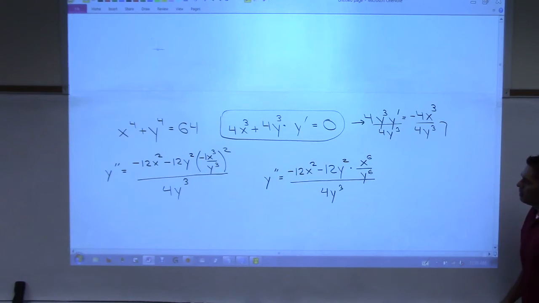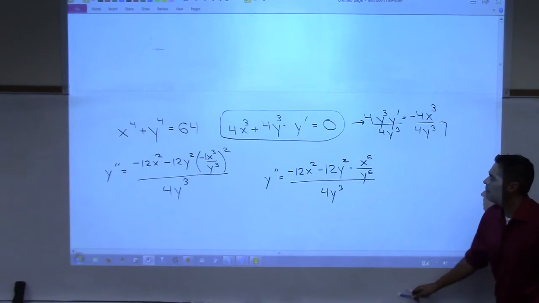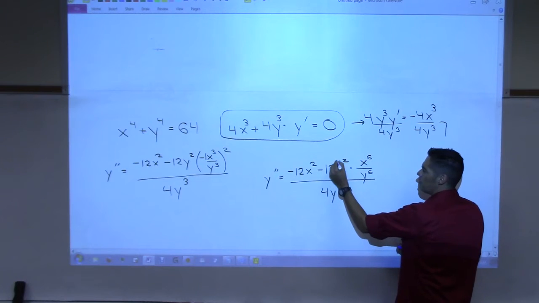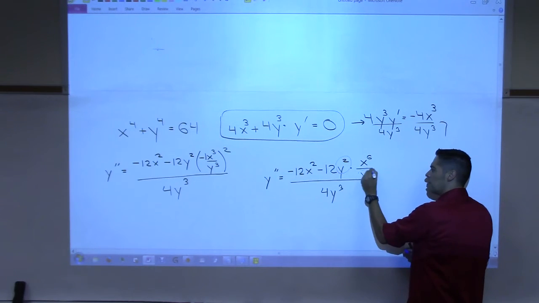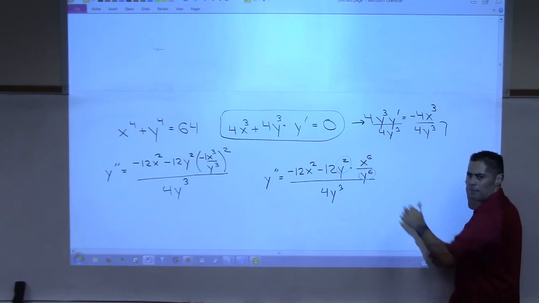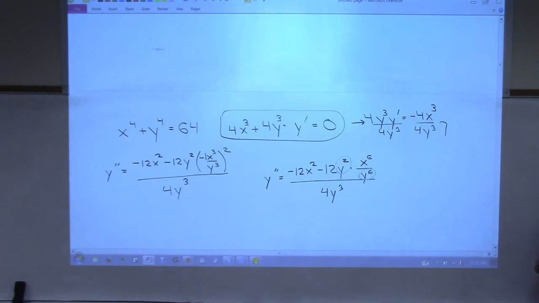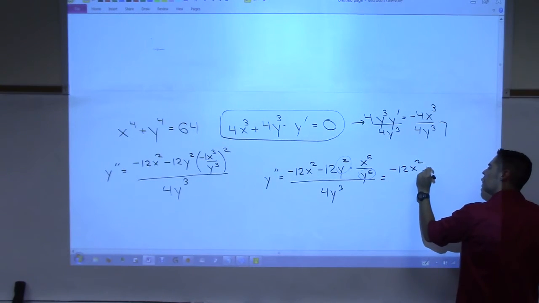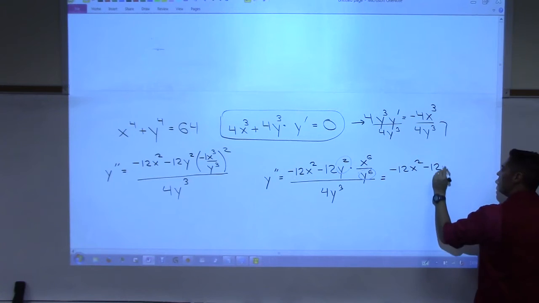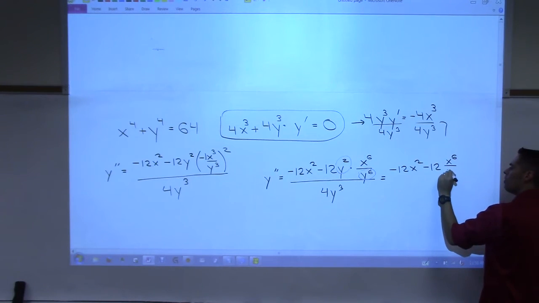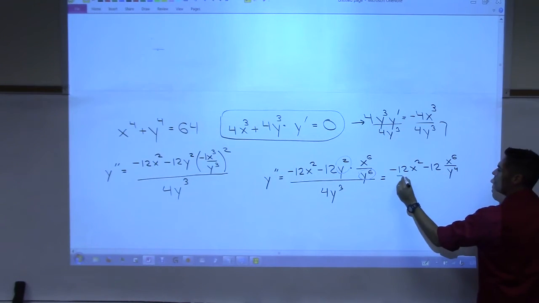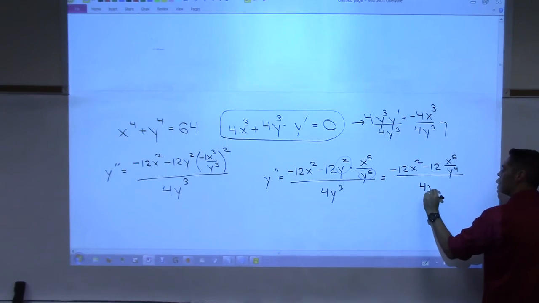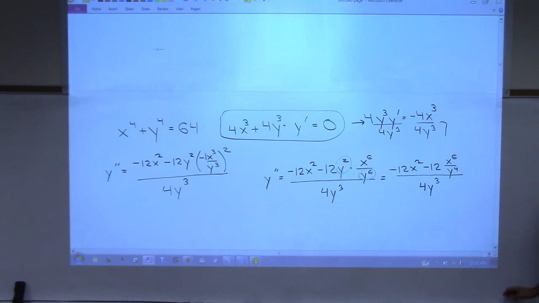Okay. All right, so I'm just going to try a couple of things here. I noticed that when I do this multiplication, on top is y squared, below it is y to the 6th, so I can clean that up. Cancel out, and that should leave me with a y to the 4th on the bottom. So negative 12x squared minus 12x to the 6th over y to the 4th, all over 4y cubed. We still good? No, get rid of the 12.